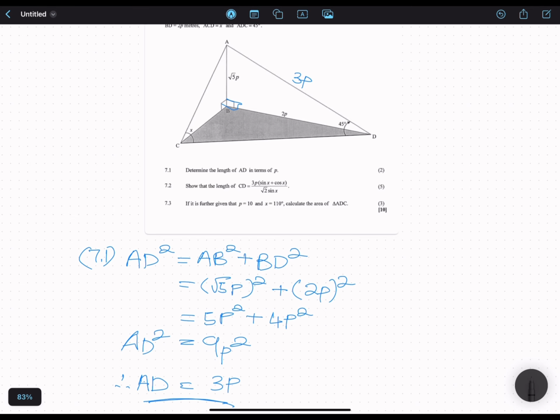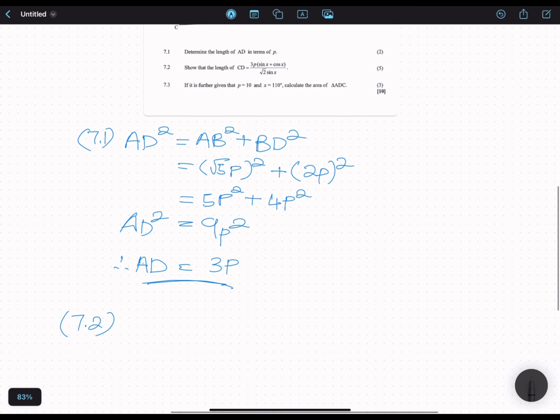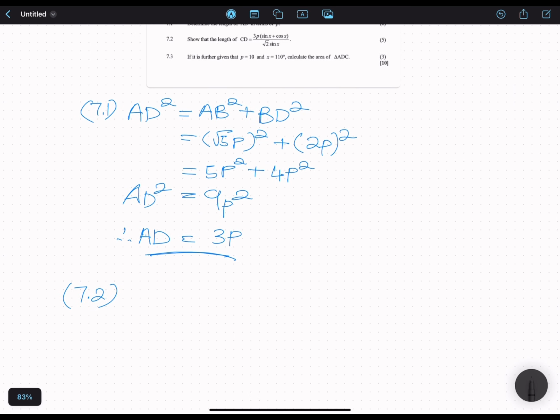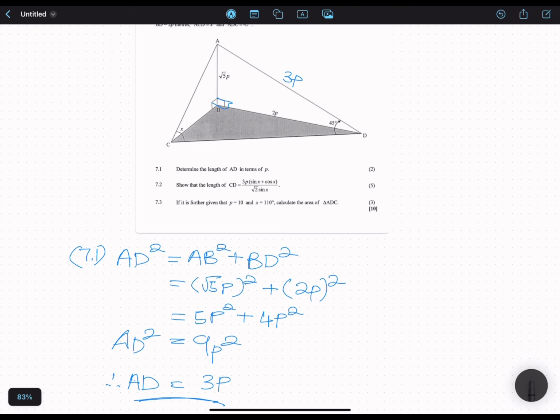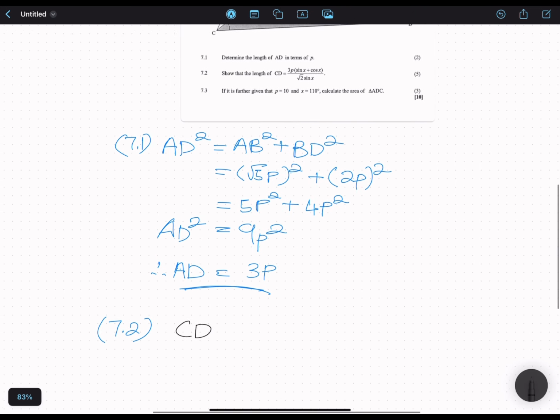So we're going to try to use that to see if we can get the sine and the cos at the same time. Let me go down a bit. Then, doing that, we're going to have CD opposite. Okay, before we do that, let me just write it.